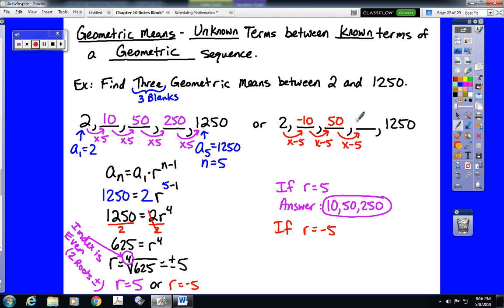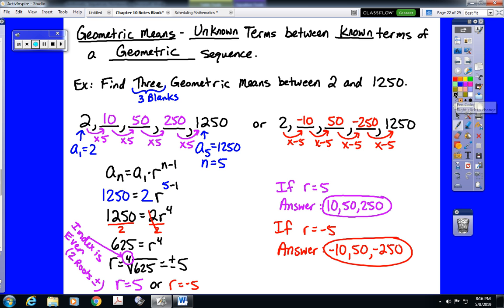So times negative 5 would be negative 250, and then times negative 5 just to check, that checks out as well. So our second answer would be negative 10, positive 50, and negative 250. To receive full credit on this problem, you would have to provide both sets of answers.